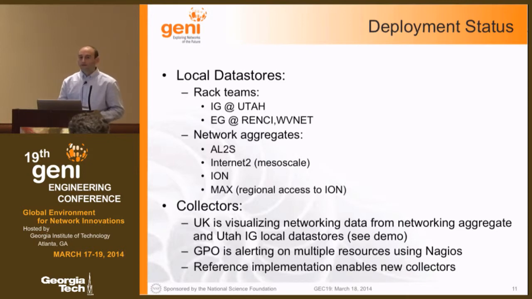Also, I don't see Cody, but last night Cody Baumgartner of UK had a really nice demo where he implemented his own collector for exposing the data he collected through this API. And we are alerting on multiple resources in Nagios using this framework.